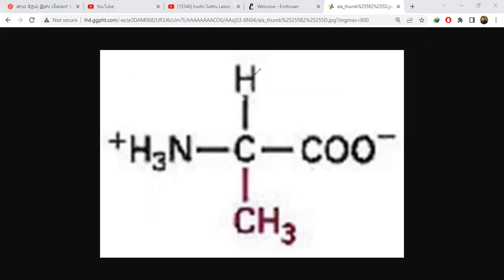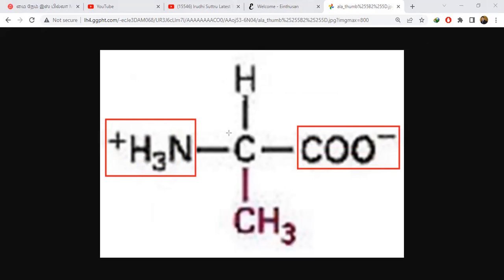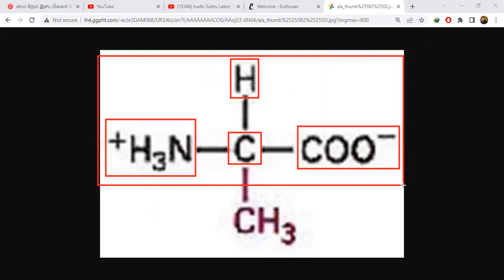In this one, this group is the amino group. This group is the carboxyl group. This is the carbon atom. This is the hydrogen atom. All these four together make the backbone.